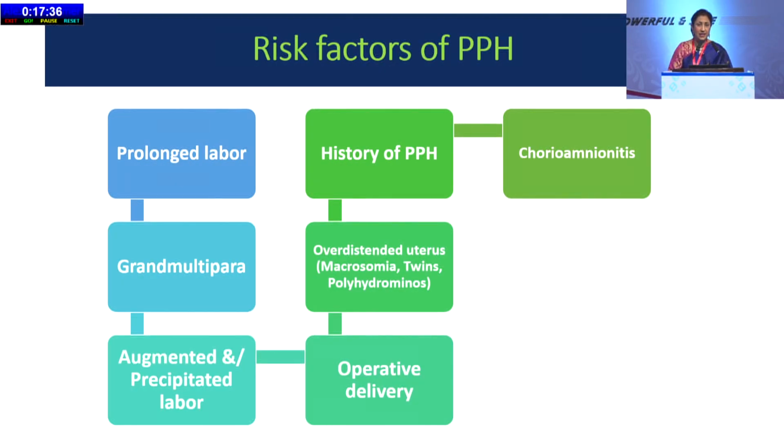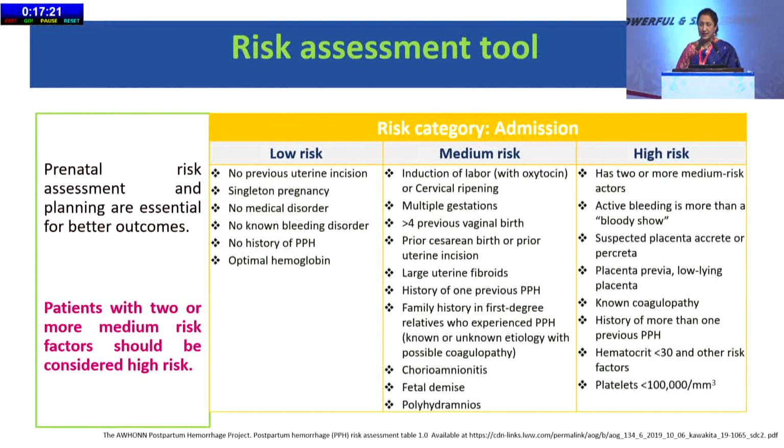We need to scratch our heads a little to always pick up the high-risk factors like prolonged labor, grand multipara, augmented or precipitated labor, a patient with a history of PPH, overdistended uterus, operative delivery, and chorioamnionitis. But at the stage of admission, we could still categorize our patients into low risk, medium, or high risk.